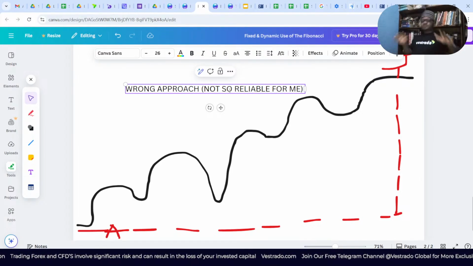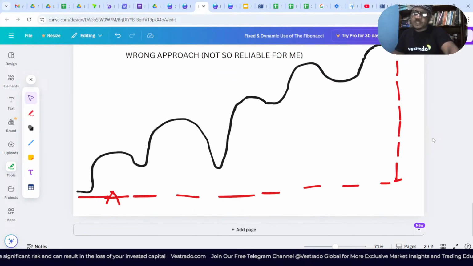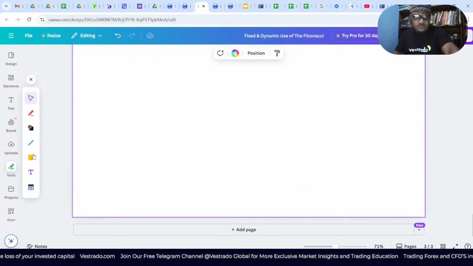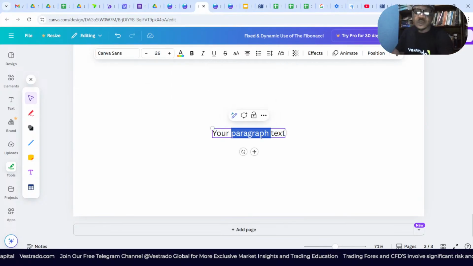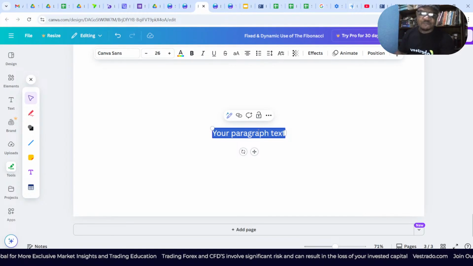So what do I do? What do I do? This is how I draw my Fibonacci. I draw it while with an active trend. Okay, so whether you're a scalper or you're looking for a quick entry, you're an intraday trader, you're looking for entry and exit for the day or for the next 72 hours, or you're a swing trader, I find this approach to be useful.